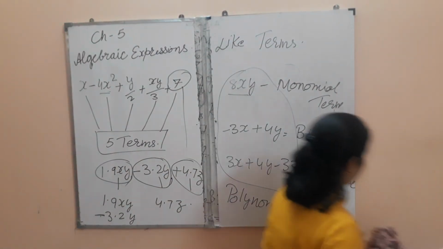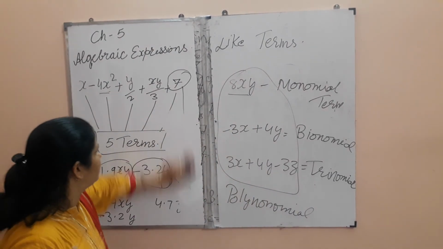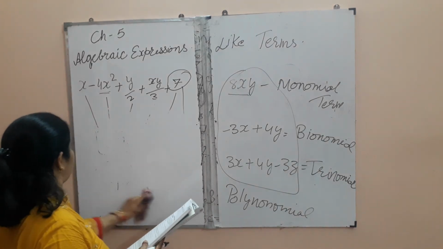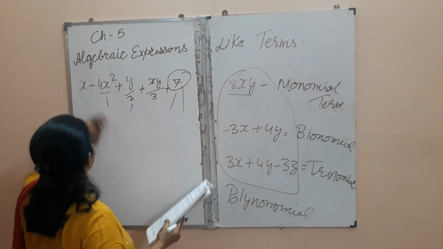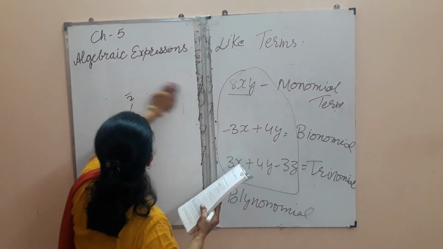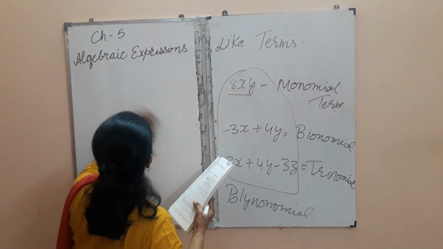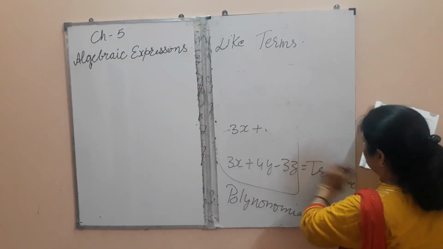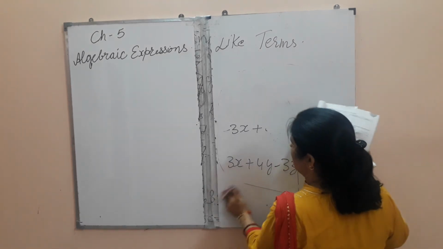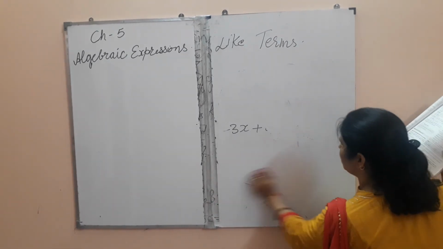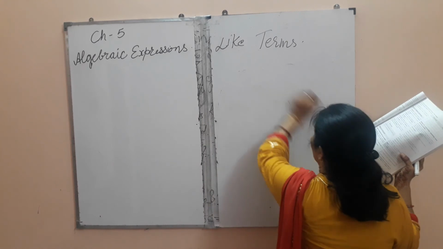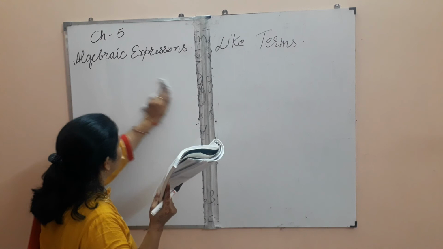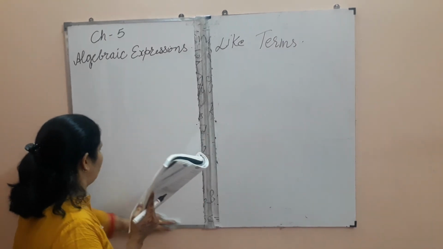Next, degree of polynomial. This also you have done in the 6th class. For the degree, we will add the parts of each literal factor of the term, and the maximum sum will be the degree of that polynomial. First we will separate the expression in the form of terms, and then we will add their parts, and the maximum sum will be the degree of that polynomial.